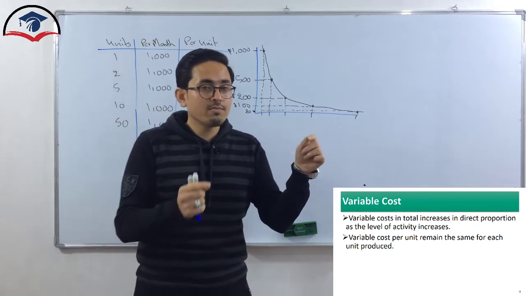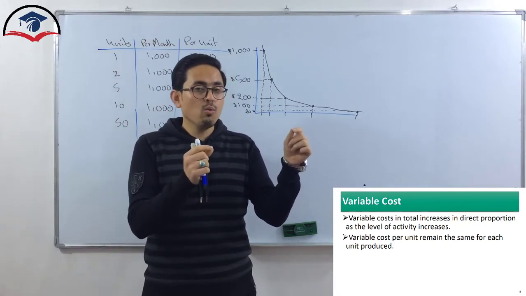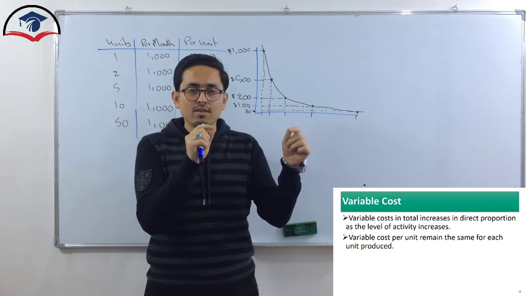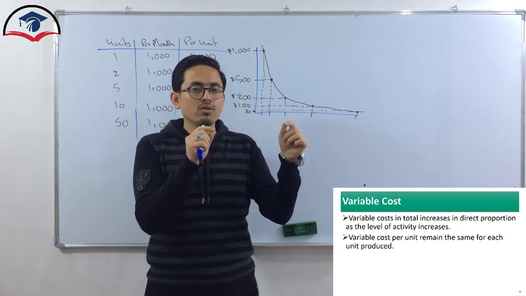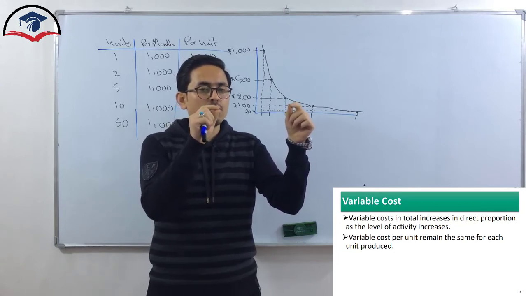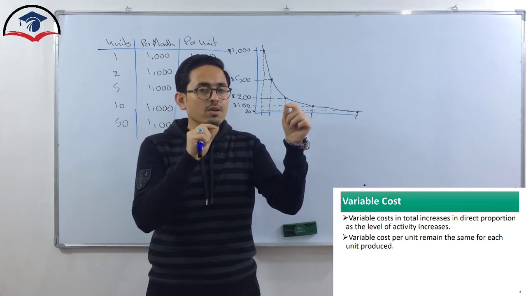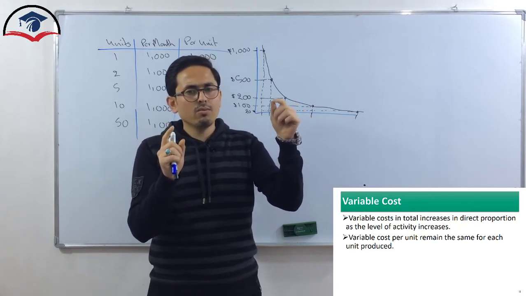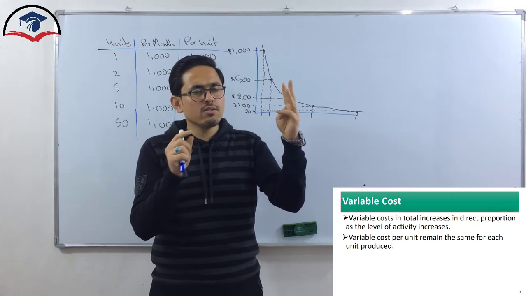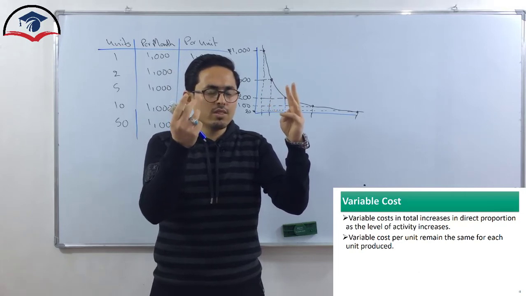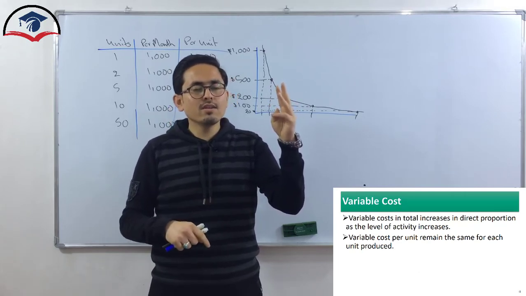What was the cost per unit when I taught 1 hour? It was $10. But what about 2 hours? It was $20 in total, but still the same $10 per hour. What about 3 hours? $30 in total, but the per hour cost was still $10.